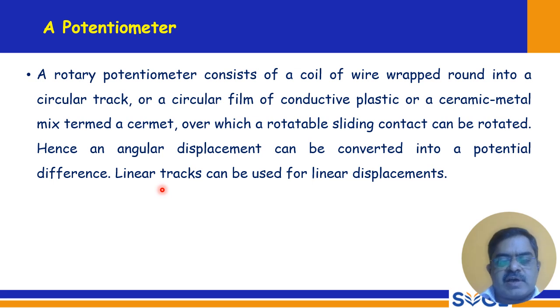It is similar to, or we can say, the fan regulator is a type of pot. The ceiling fan regulator is a type of rotary potentiometer. It consists of a similar construction, and linear tracks can be used for linear displacements. So here there are rotary tracks and linear tracks. Depending on this, we can classify the potentiometer as linear potentiometer or rotary potentiometer.